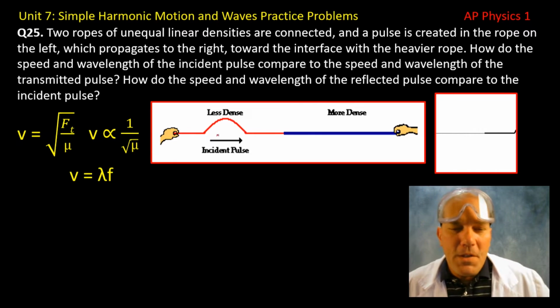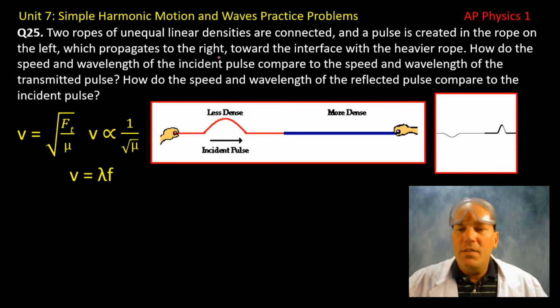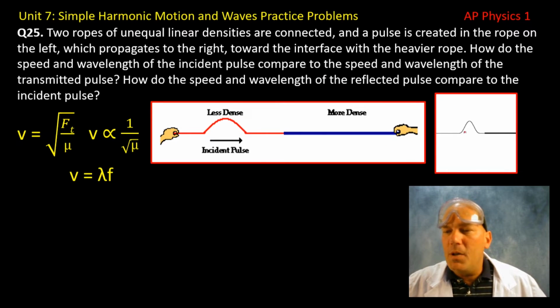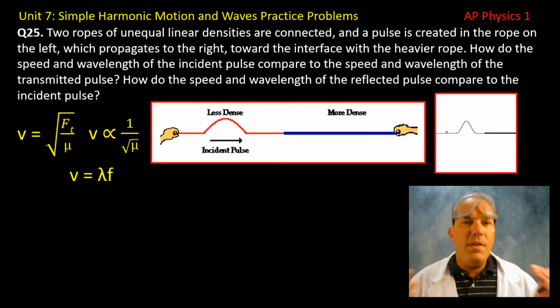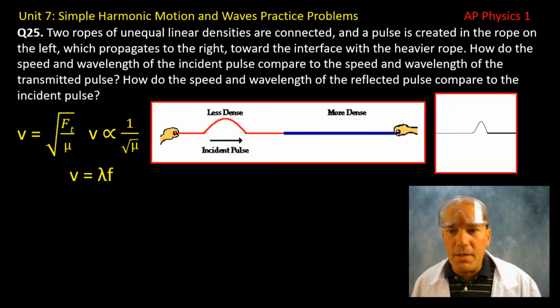So for this problem, we're going to compare the pulse. The incident pulse is here. This is the transmitted pulse. This is the reflected pulse. Again, incident, transmitted, reflected. So part of this incident pulse is transmitted, part is reflected.